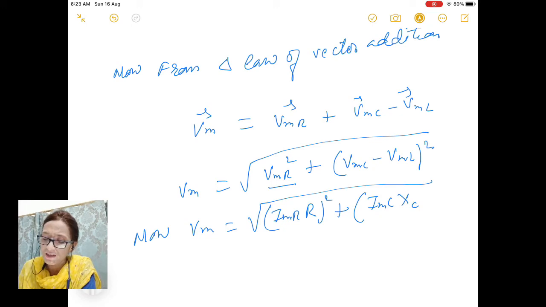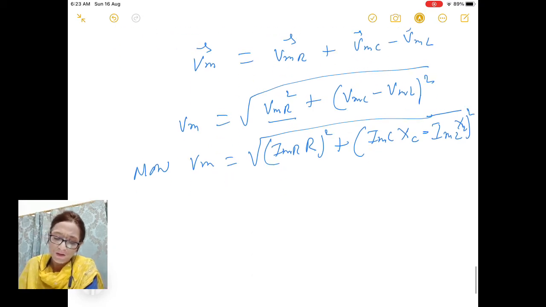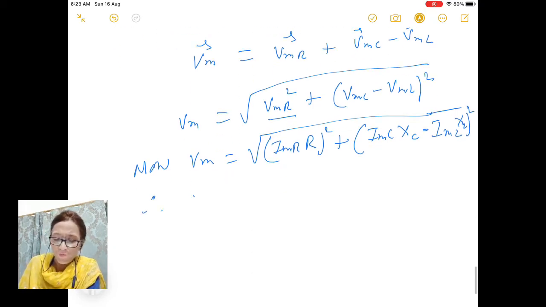So XC minus, similarly, IML into XL whole square. So therefore Vm, the voltage amplitude of the given instantaneous voltage, is given by, let me take the current amplitude outside.